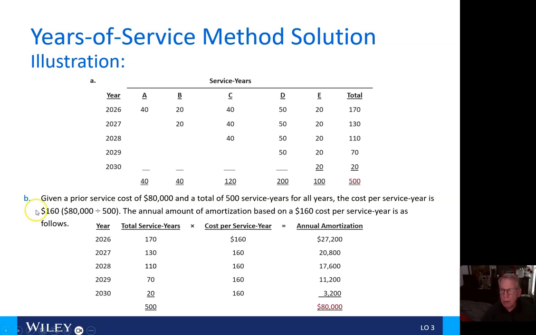That's $80,000 divided by 500 total service years. The annual amount of the amortization based on $160 cost per service year is as follows. So here's our total service years from the schedule here, and the cost per service year, and how it breaks out into annual amortization.